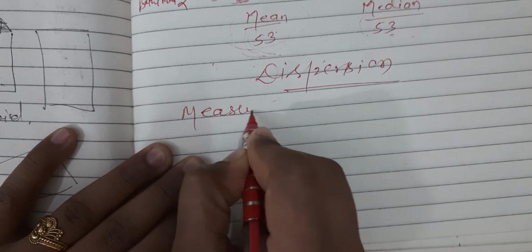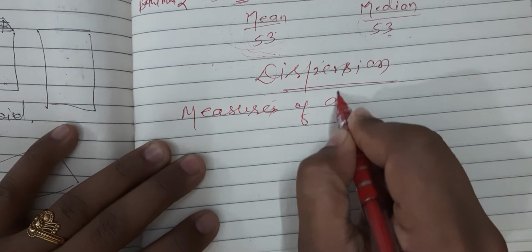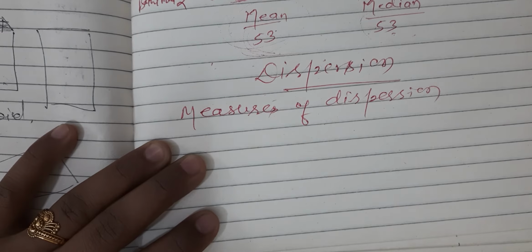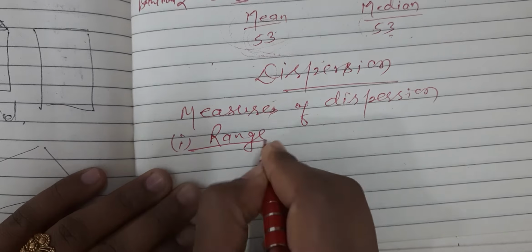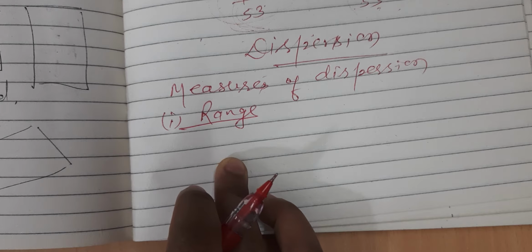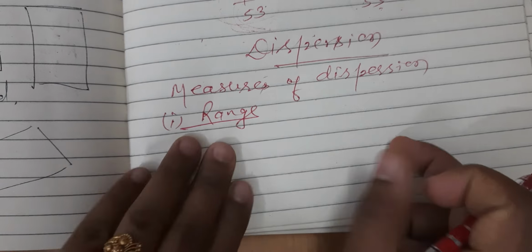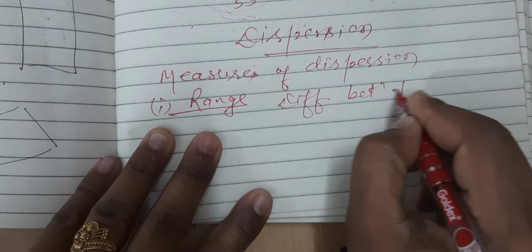So we will write measures of dispersion. The first measure is range. Range is very simple. Range means the difference between two extreme observations of the distribution.